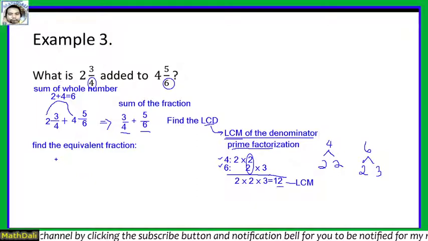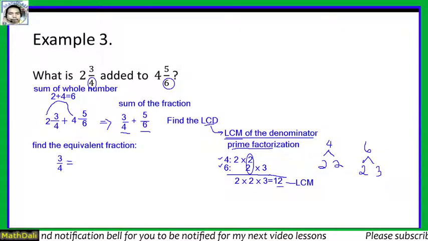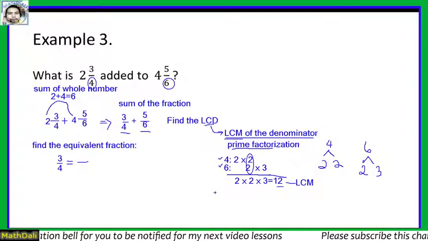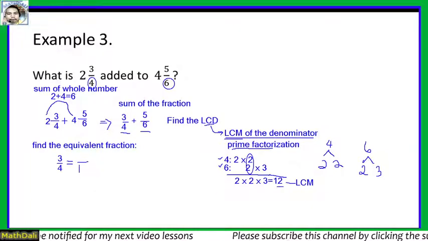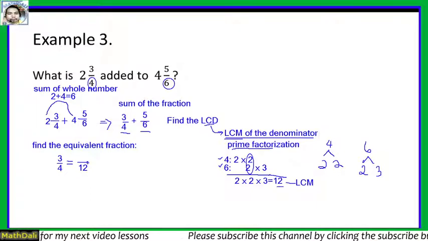So we have the equivalent fraction of 3/4. That is equal to a fraction with a denominator of 12, yung ating LCD. So lagay natin dito yung ating LCD. That is 12. So ano yung multiply natin sa 4 para makuha yung 12?